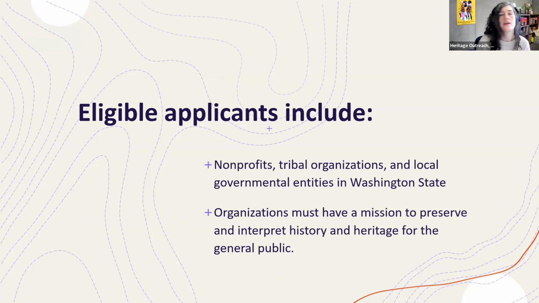So if you are, for example, a city, a local government entity, then you would be eligible if you have within your charge preserving and interpreting local history. And organizations must have a mission to preserve and interpret history and heritage for the general public. That's an overall eligibility requirement.